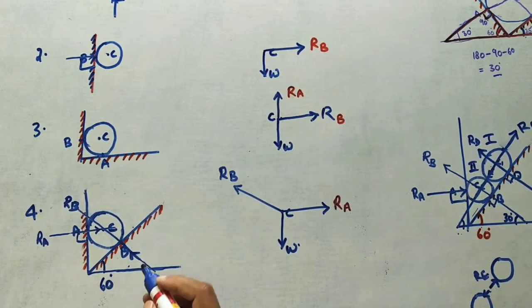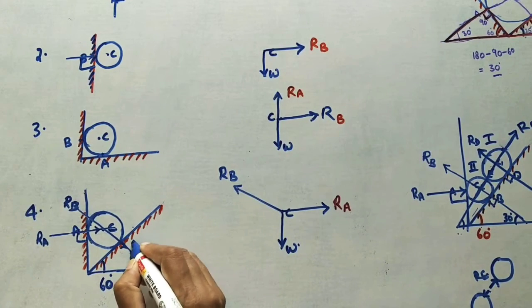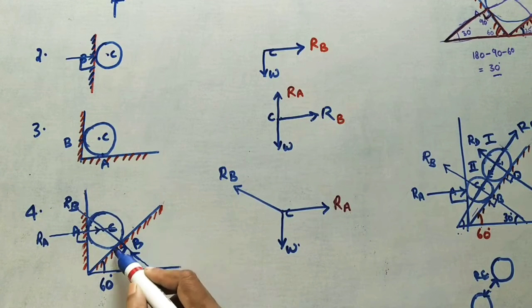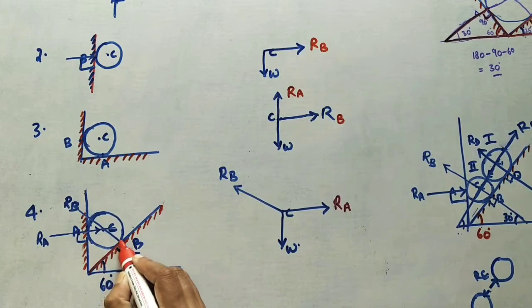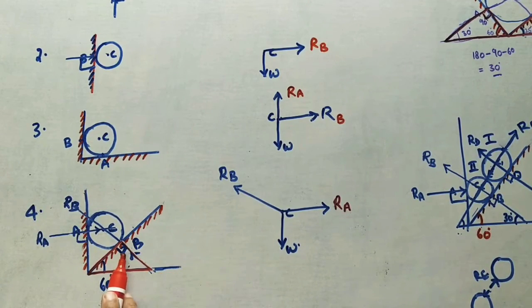Now as we know, this angle at B point is 90 degrees because the reaction and the surface are always perpendicular to each other. In this triangle, I do in a different color, this is 90, this is 60. How much is this angle?